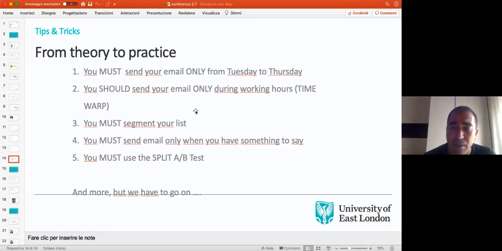Because if you open a newsletter because you are interested in something, and you get some information, but for a couple of times you open the newsletter and there is nothing really interesting to you, you just stop opening the newsletter. So you are losing a customer forever. You are losing your customer because you are not giving them information. If you have nothing to say, say nothing.